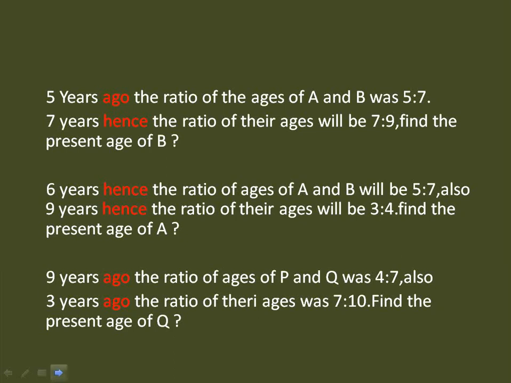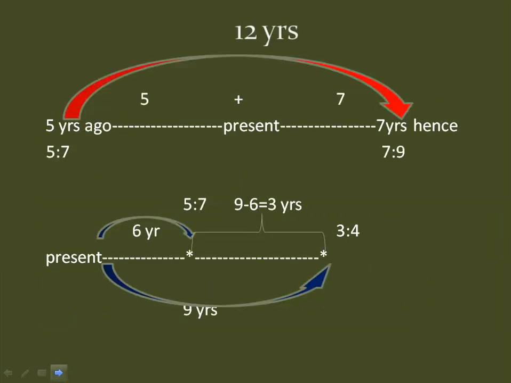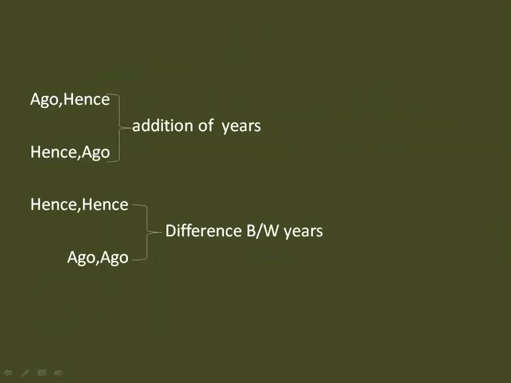See, if any problem contains ago, hence, or hence, ago, you directly add the years. Addition of years should take place. Or in any problem, if hence, hence or ago, ago is there, we have to take the difference between the years. This is a simple thumb rule.